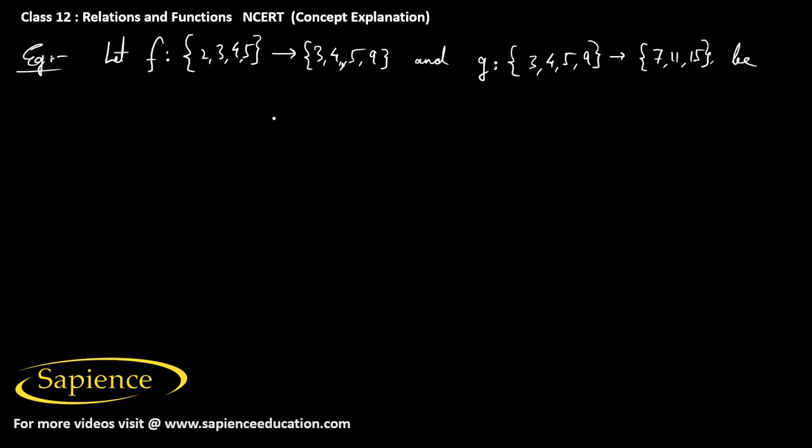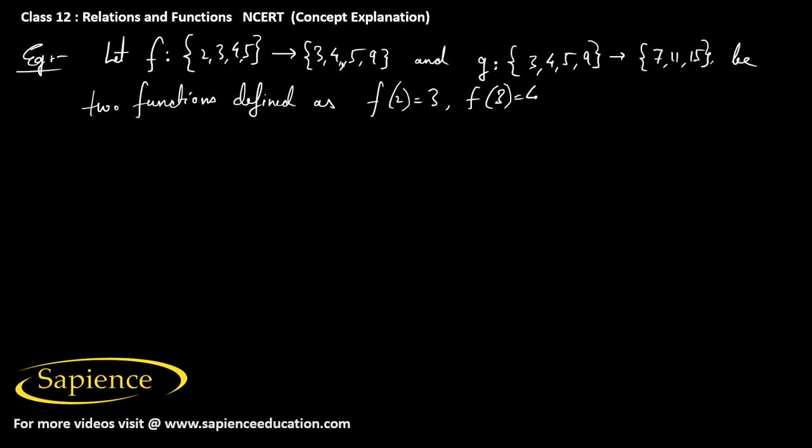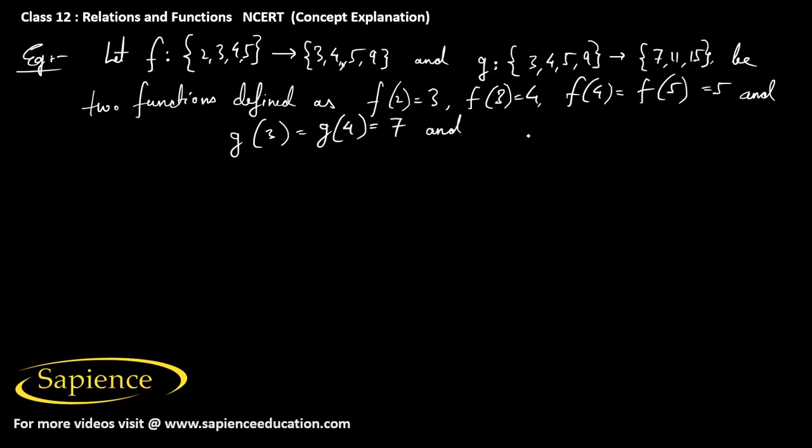So these are two functions which are defined as f of 2 is 3, f of 3 is 4, f of 4 is equal to f of 5 is equal to 5. And it is also told that g of 3 is equal to g of 4 is equal to 7, and g of 5 is equal to g of 9 is equal to 11.